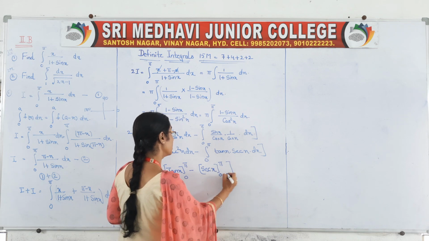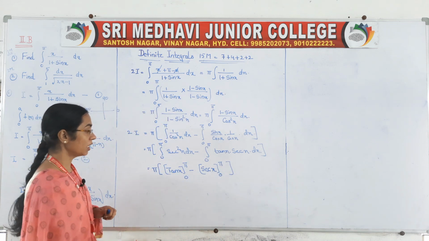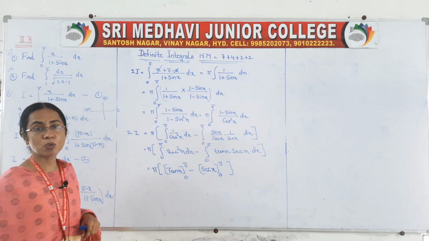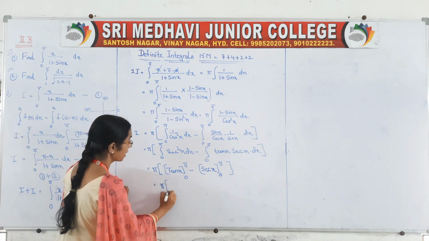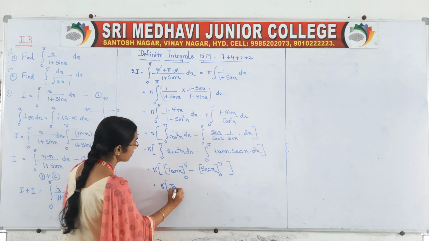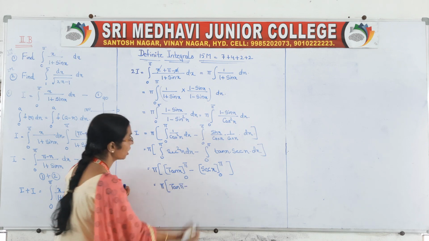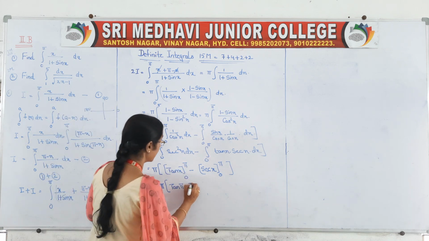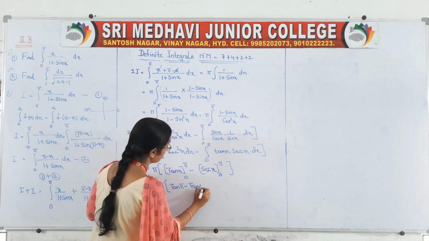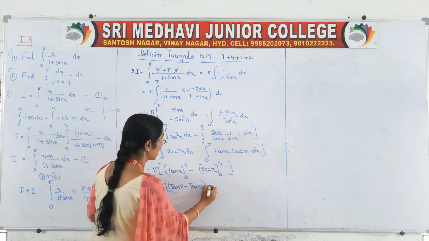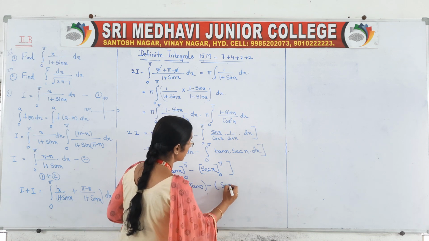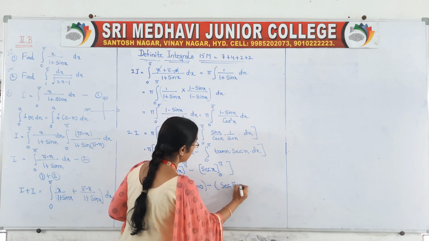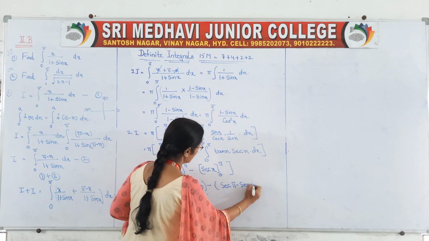Once we have taken the standard formula, we have to write the bounds on the right side. So it is pi into, in x place we substitute the upper limit, minus, in x place we substitute the lower limit, minus the same with secant also, secant of pi minus secant of 0.